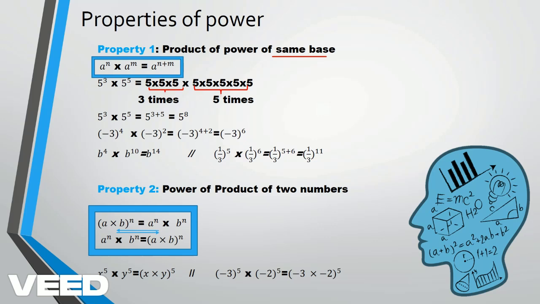So we multiply the numbers, minus 3 multiplied by minus 2, together inside parentheses and we raise it to power 5, which is equal to 6 exponent 5, or 6 raised to the power 5.